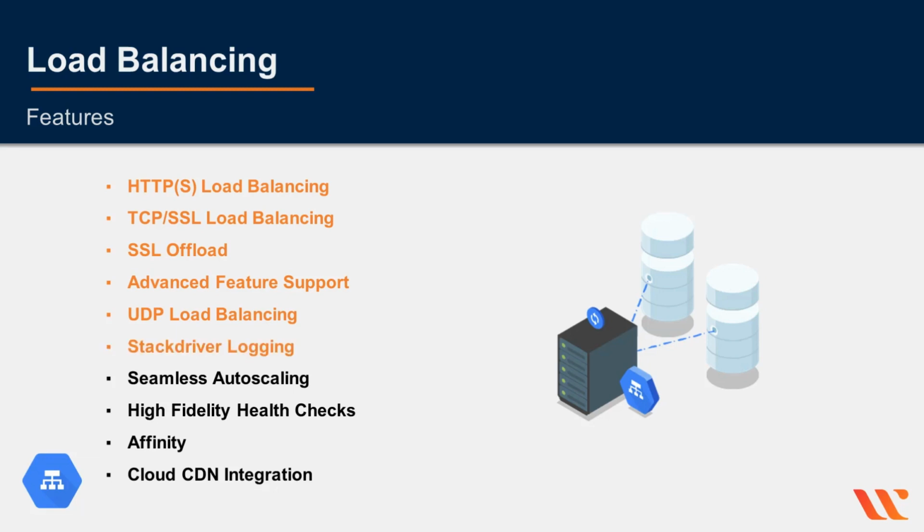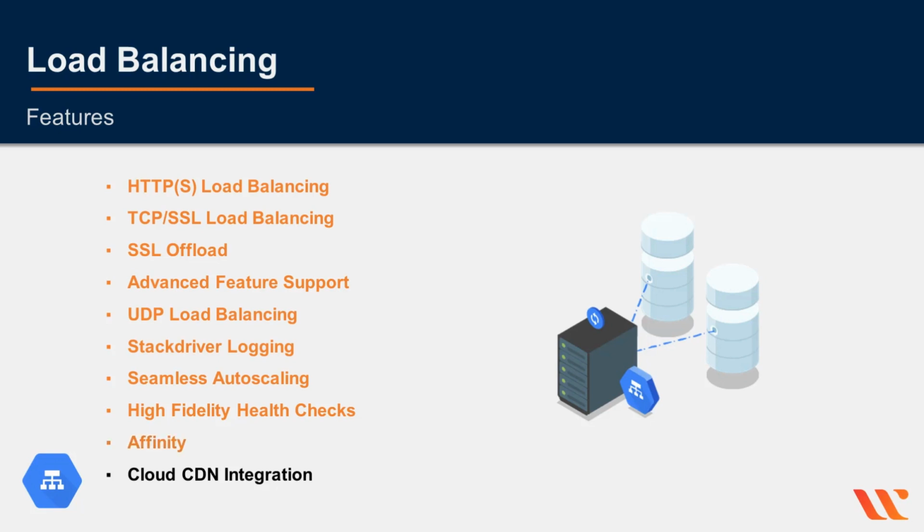Stackdriver logs all the load balancing requests sent to the load balancer. These logs can be used for debugging as well as analyzing user traffic. Seamless autoscaling helps your applications gracefully handle increases in traffic and reduce costs. Health checks ensure that new connections are only load balanced to healthy backends that are up and ready to receive them.